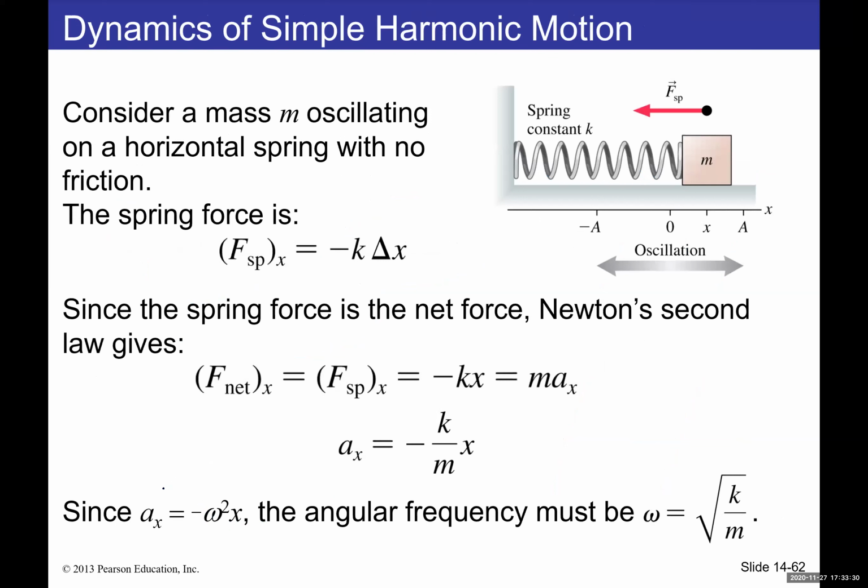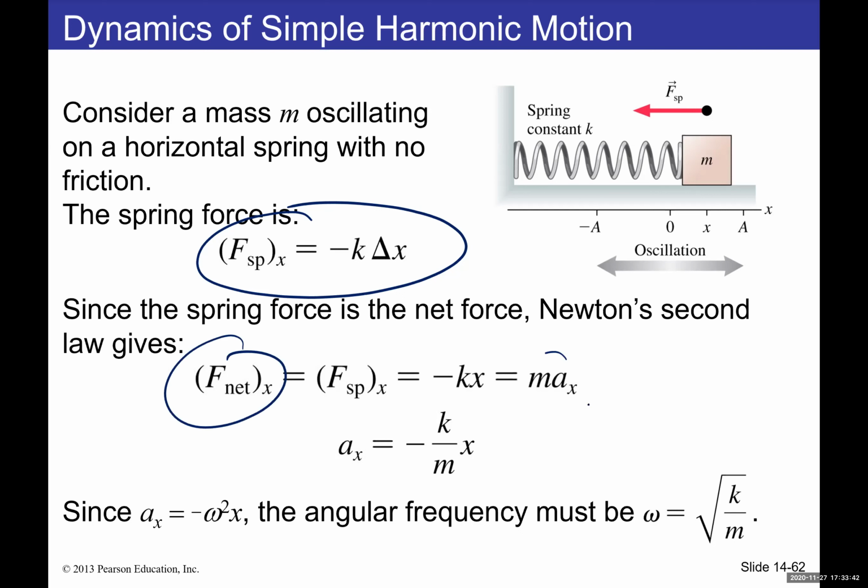Again, if you take the spring, move it to the right, stretch it, and let go, the spring force equals negative k times delta x. Since force equals mass times acceleration, negative kx equals mass times acceleration, and a equals negative k over m times x. This ratio is known as omega squared, so you can rewrite this as a_x equals negative omega squared times x, and the angular frequency omega equals the square root of k over m.